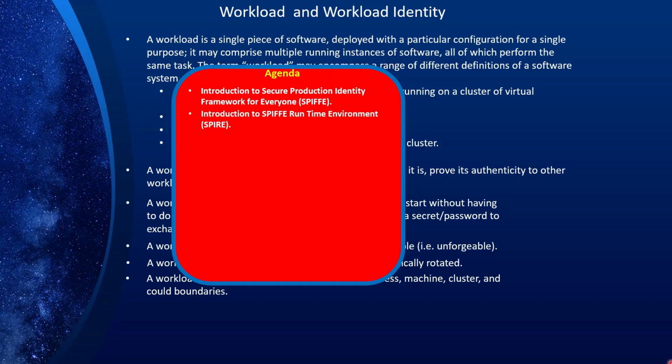We'll also talk about the SPIFFE Runtime Environment, which is an implementation of the SPIFFE specification. It's not the only implementation, but we're going to concentrate in today's agenda on this framework, which is called SPIRE. And we will also do a demo.